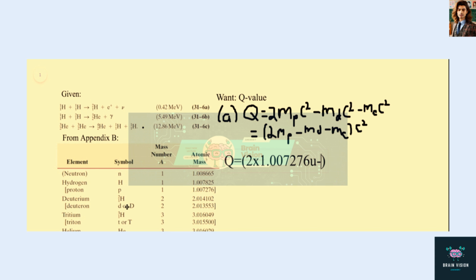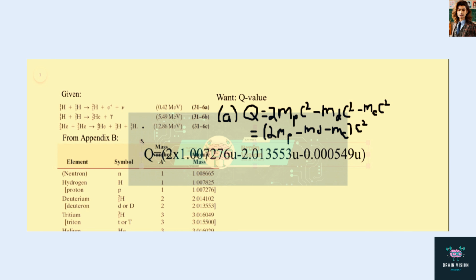And we'll take the deuteron. And the electron mass. Oh, already forgetting my units here. We want all of this to be multiplied by c squared.